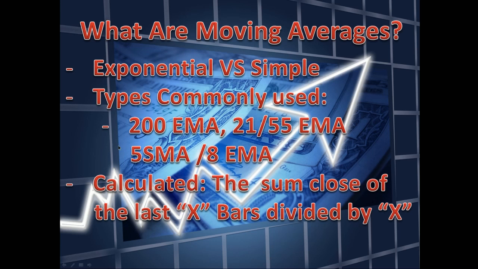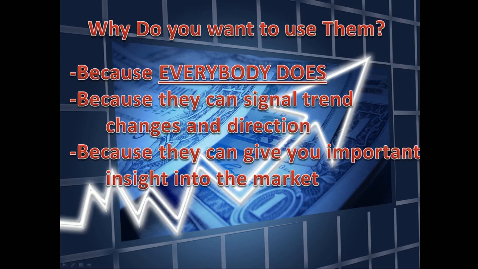So moving on to why you want to use them: because everybody uses them. I'm going to hammer this as many times as I physically can in every single video. The more that the general population uses something, the more effective it is.